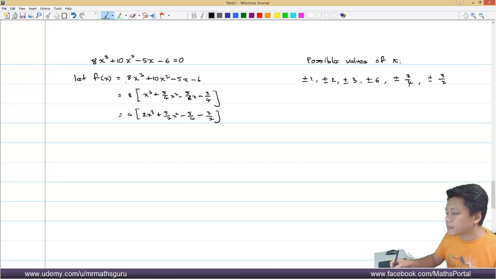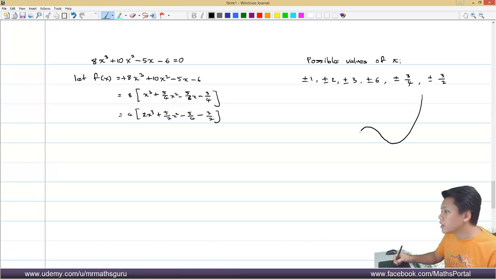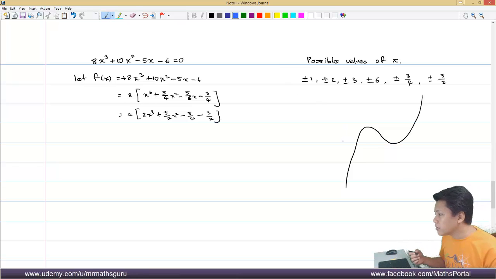Looking at this equation, the coefficient of x cubed is a positive value, which means that the graph would have a shape something like this. Say we assume that there are 3 values of x at f(x) equal to 0.